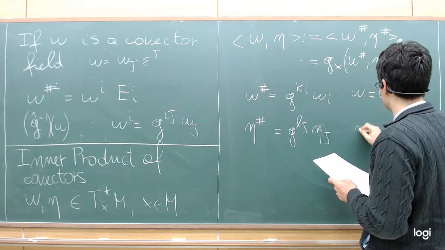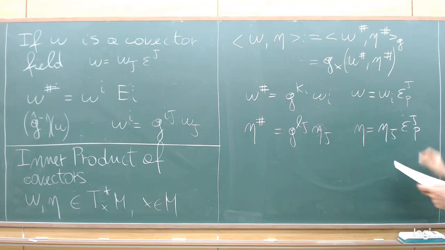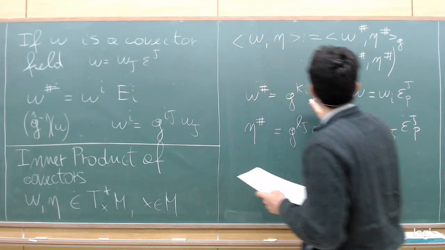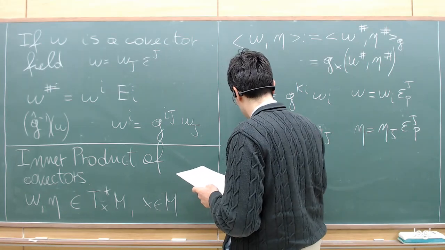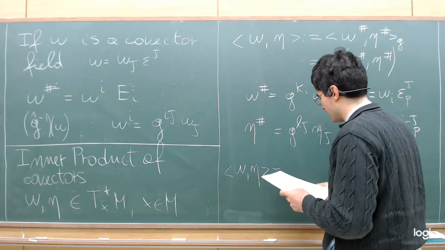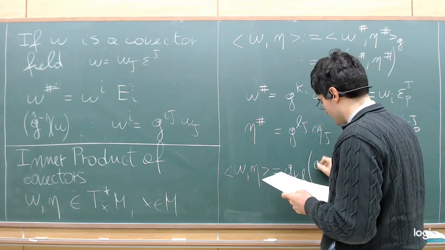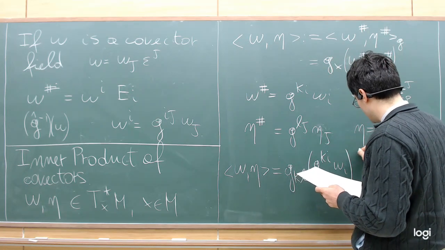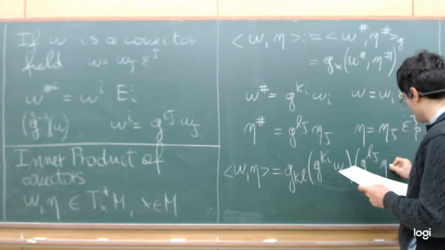Here I am assuming that eta is eta j epsilon j at p. Then if I use this formula, I get that the inner product of omega and eta is g k l, g k i omega i, g l j eta j.